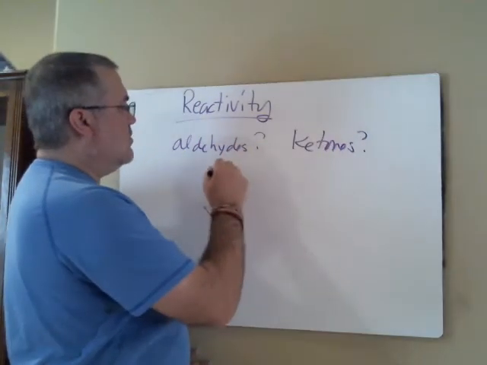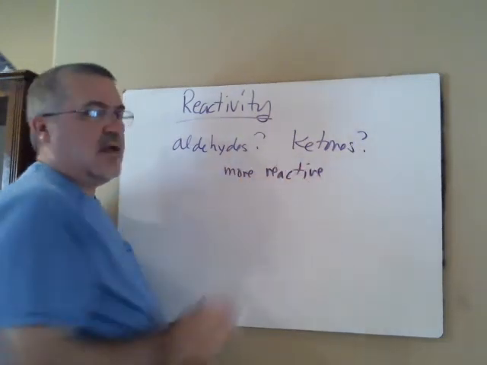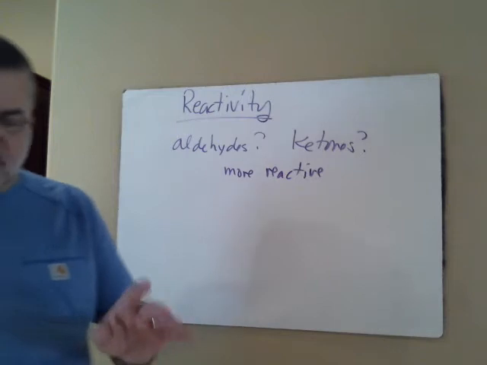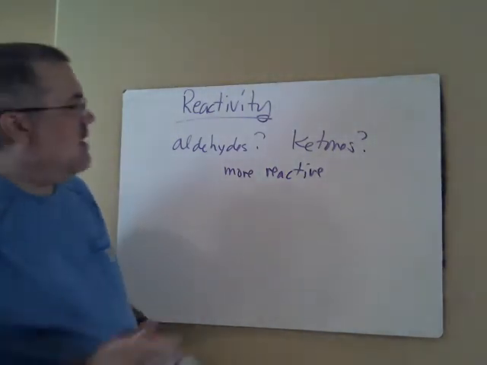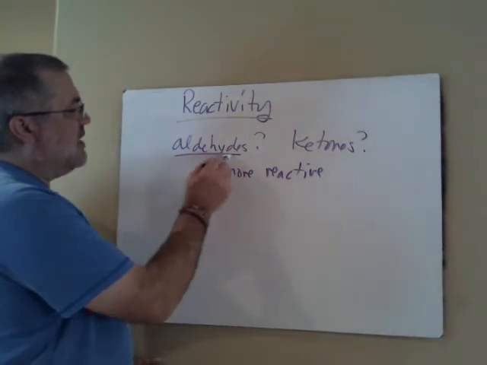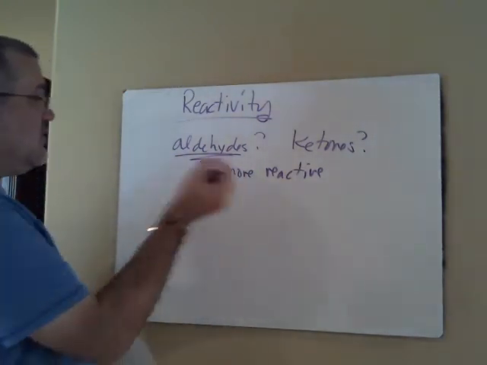Which do you think is more reactive? And how would you figure that out? Well, there are actually two ways to look at this. And it turns out that aldehydes are more reactive. But there are two explanations.